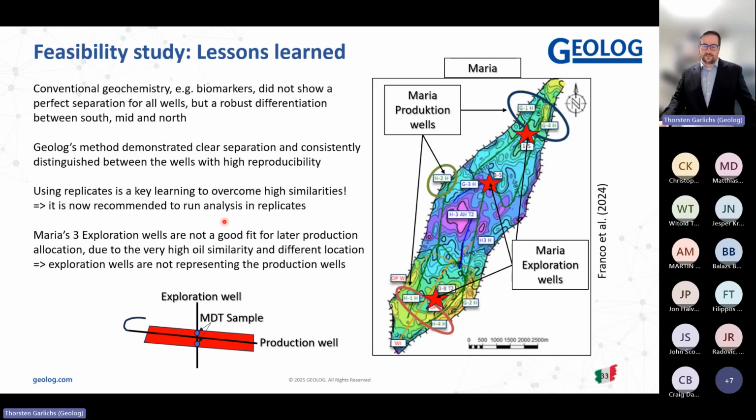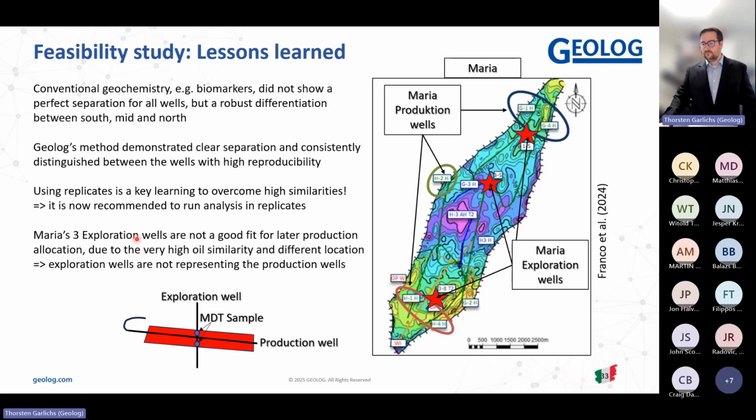This is mainly the statistics, and the statistics is very helpful and very important. So we run replicates, we see how the replicates drift in the instrument with a high similarity, and if we can deconvolute all the samples. Based on these results, the use of replicates was always recommended from then on.